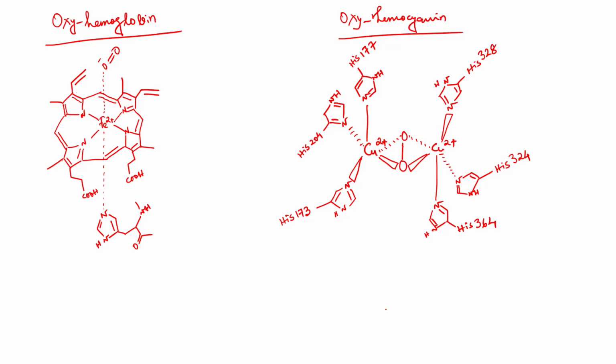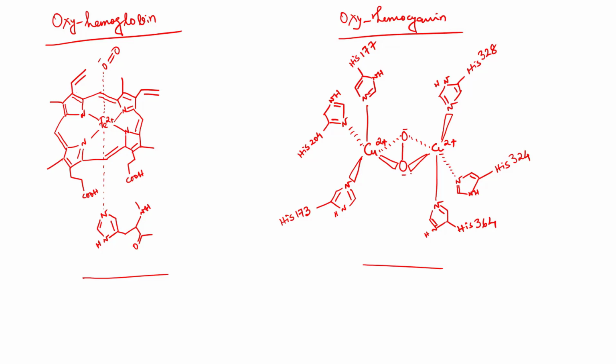Now we have to look into the differences of these two structures. The actual difference we have to check is the linkage of oxygen with the metal center. In oxyhemoglobin, the oxygen molecule is binding with the iron 2 center with one of its oxygen centers. But in oxyhemocyanin, the oxygen molecule is binding with the copper 2 centers with both of its oxygen centers.